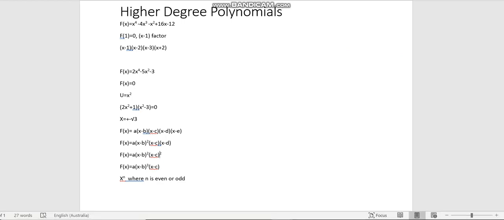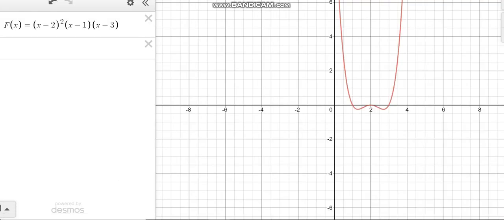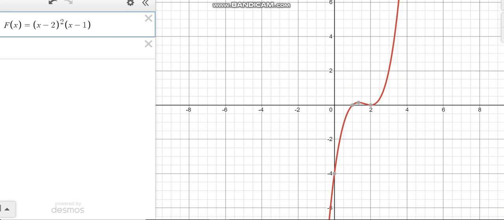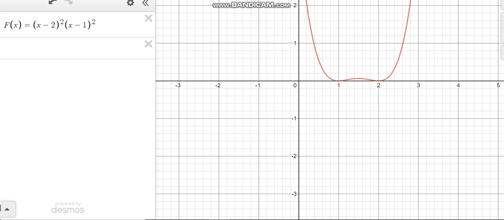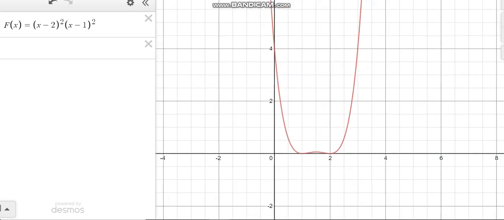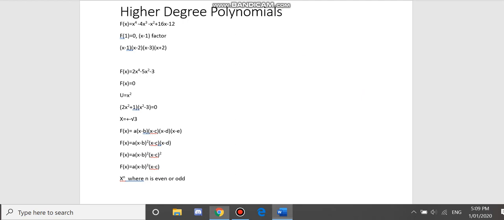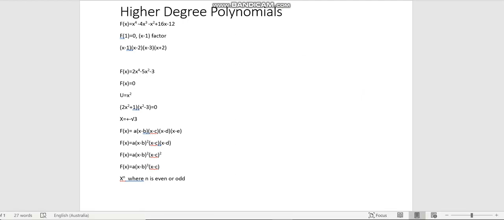The next pattern is the same thing, but with 2 repeated factors. You might not be able to see it that well, but here you can see the graph touches the x-axis twice. And the last one is a cubic factor.